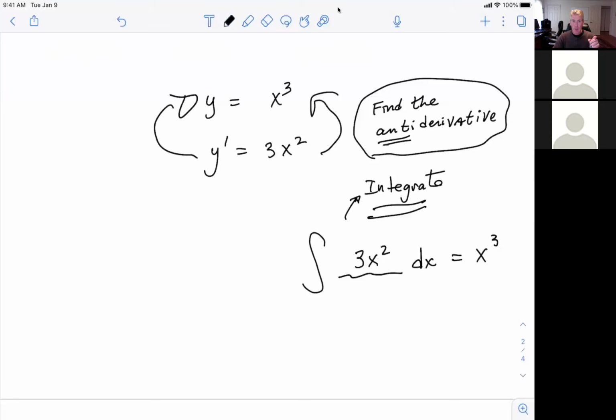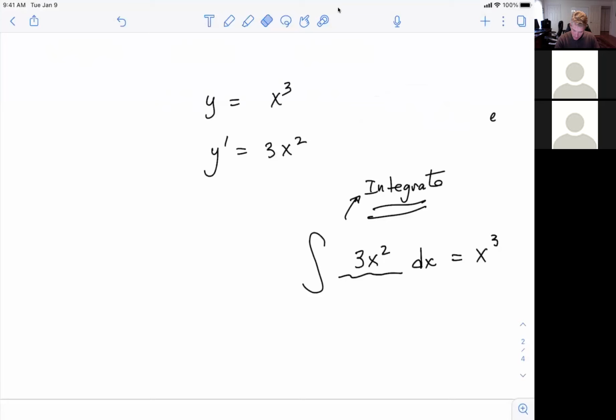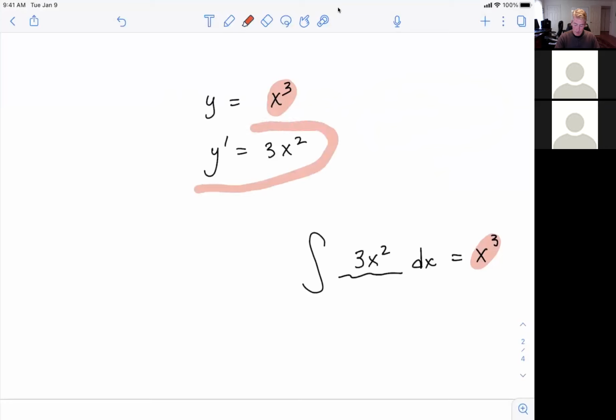Now, before we go on to do those examples that I made up, there's one other small detail. And that is, if you check my answer, and you take the derivative of my answer, you will get y prime equals 3x squared. So it seems like I did it right. Nothing else to talk about.